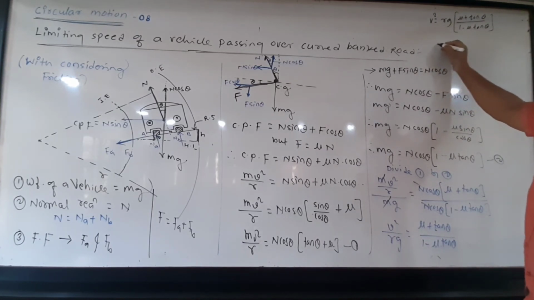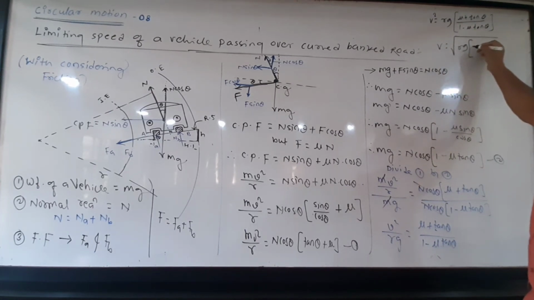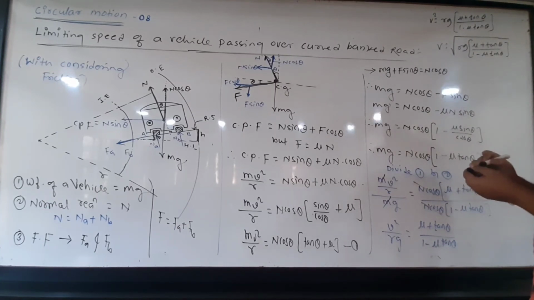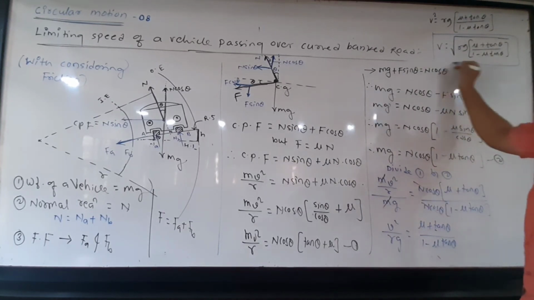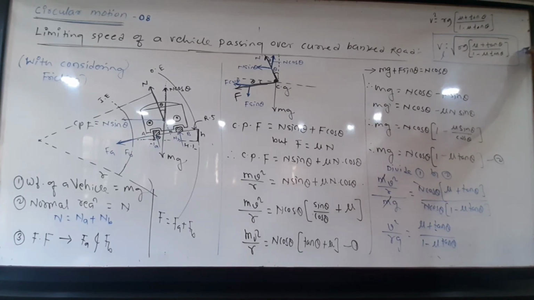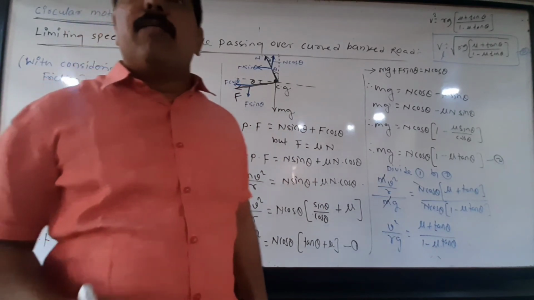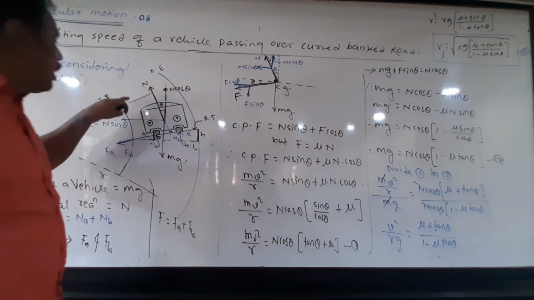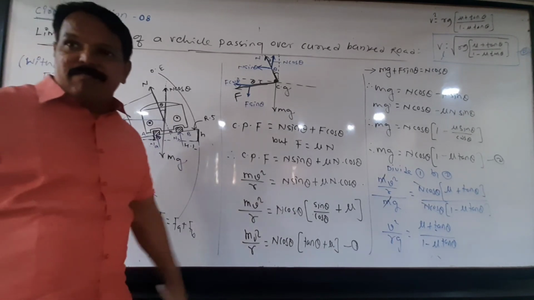Or if you take the square root, v is equal to under root rg in bracket mu plus tan theta divided by 1 minus mu into tan theta. And this is a very important expression for limiting speed of the vehicle passing over a curved banked road, where we have considered the component of normal reaction and also the friction.